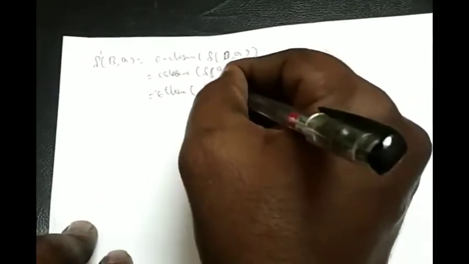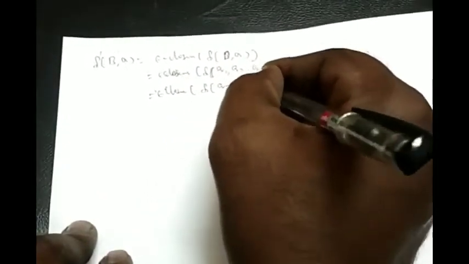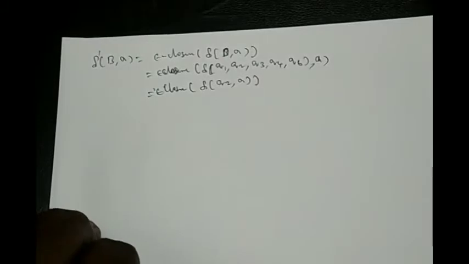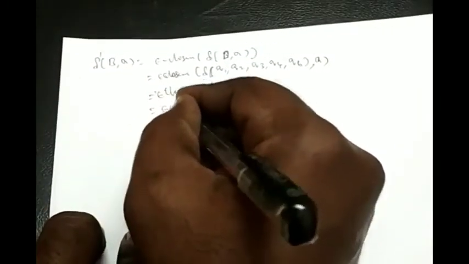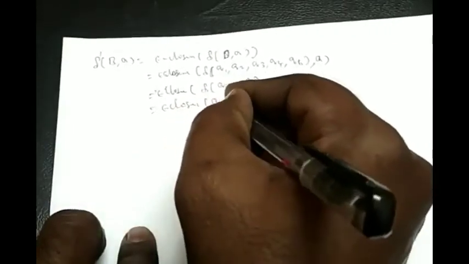Epsilon closure of delta of q2 comma a. If I apply q2 comma a, it goes to q3. So epsilon closure of q3.